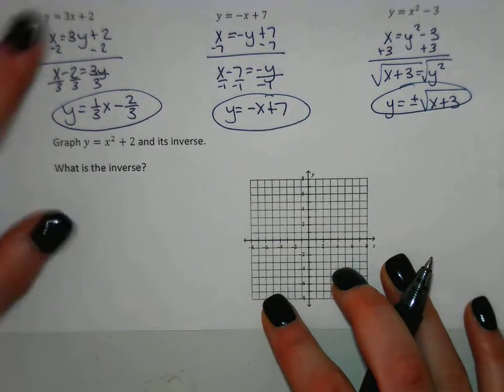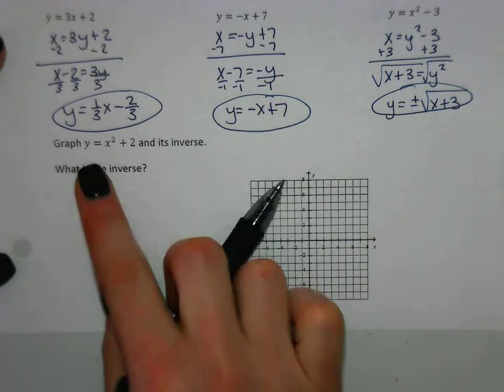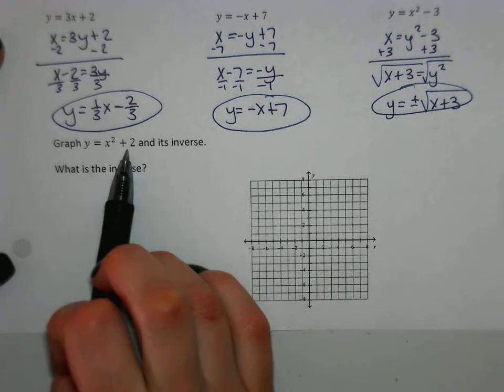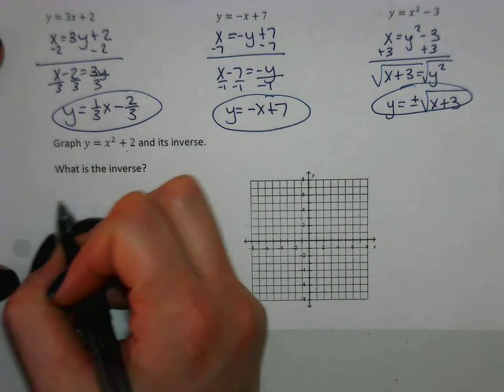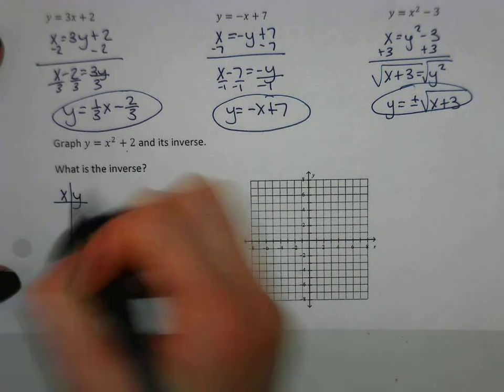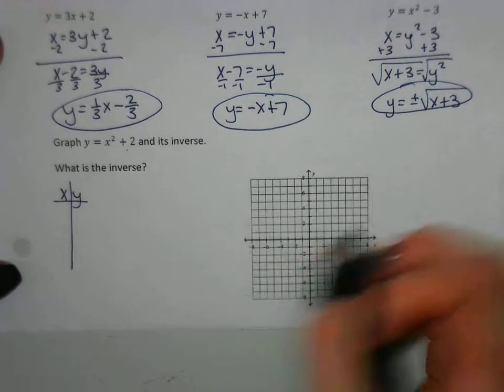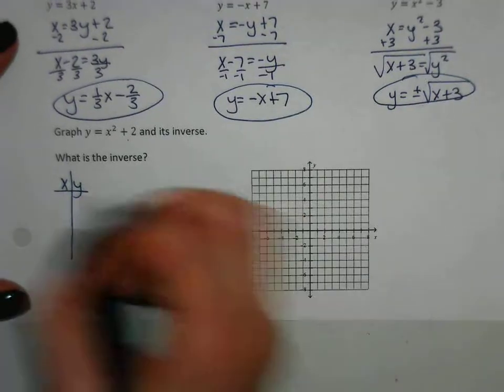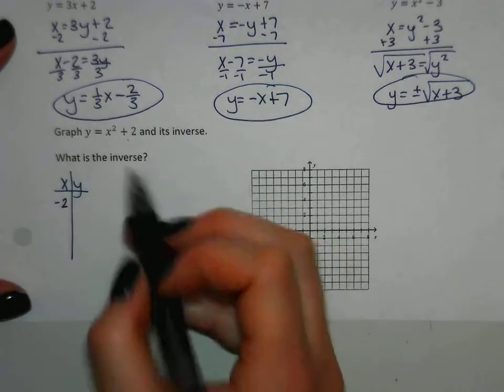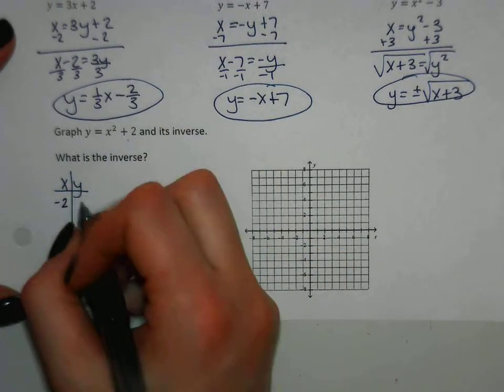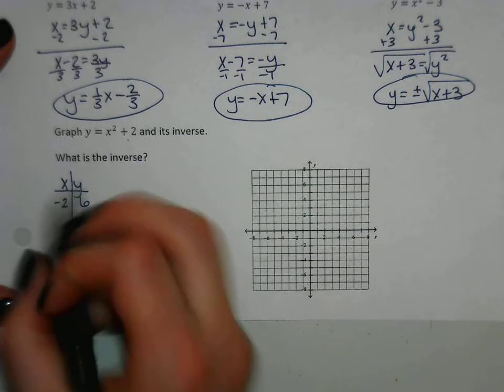So now let's take a look, and we want to graph our equation and the inverse of that. If we take the first one, x squared plus 2, let's start at negative 2. Negative 2 squared is 4. 4 plus 2 is 6.